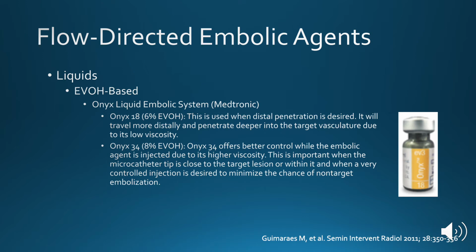It will travel more distally and penetrate deeper into the target vasculature. Onyx 34 is more viscous. It offers better control while the embolic agent is injected. This is important when the microcatheter tip is close to the target lesion or actually within it, and when a very controlled injection is desired to minimize the chance of non-target embolization.